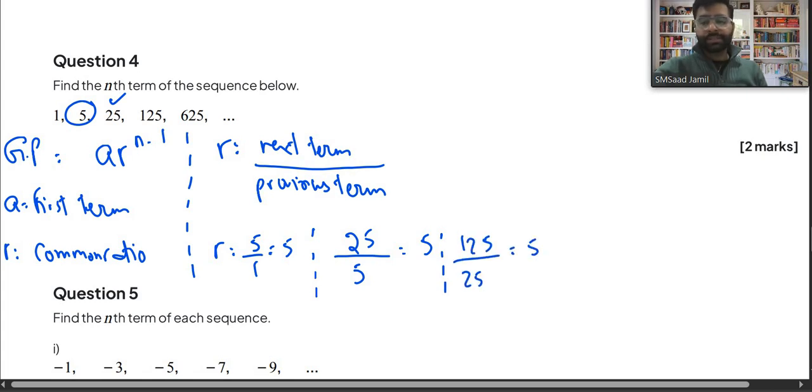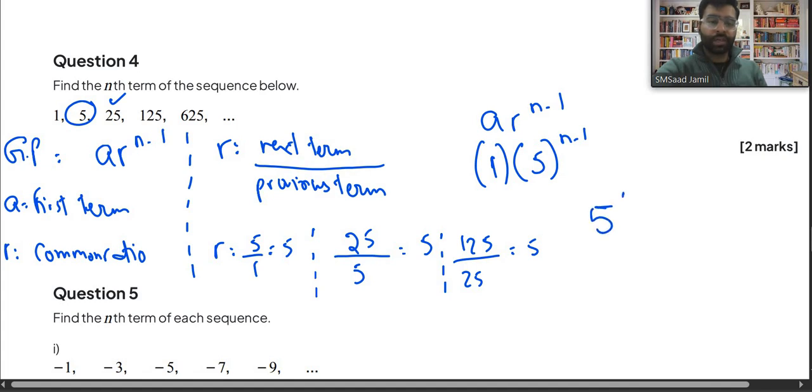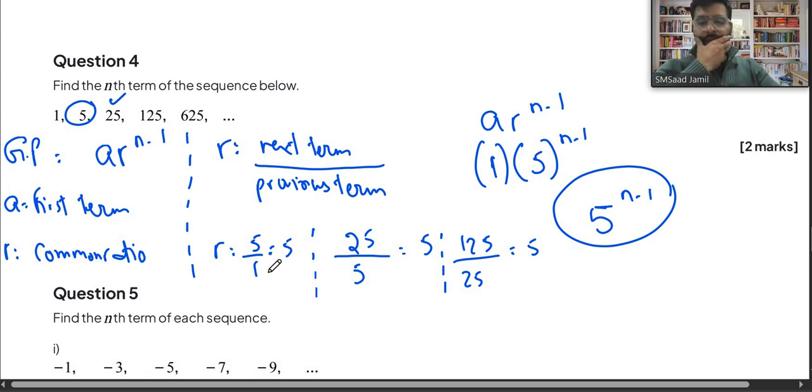So, since the ratio is same, I have realized that this is geometric progression. So, what's the formula? a r raised to power n minus 1. Value of a is 1. Common ratio r is 5. Raised to power n minus 1. 1 multiplied by 5 is 5. So the answer is 5 raised to power n minus 1. This is going to be your answer.